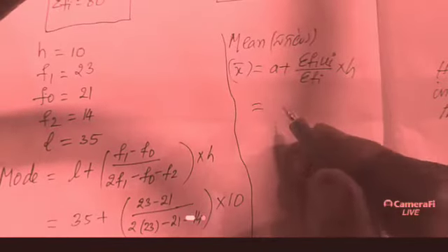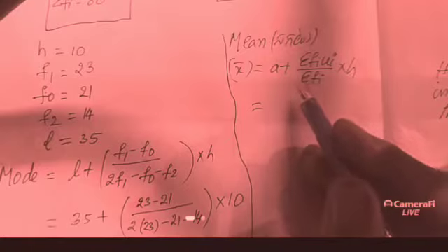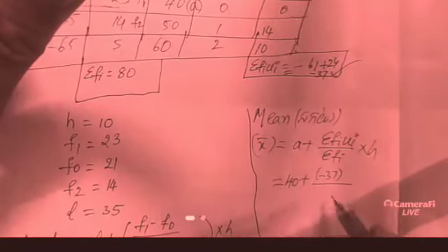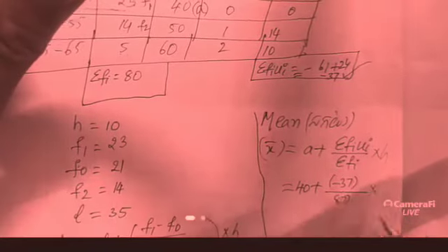Now I substitute the values. What is taken as A? 40. Plus sigma f_i u_i, minus 37, by sigma f_i, that is 80. H means 10.